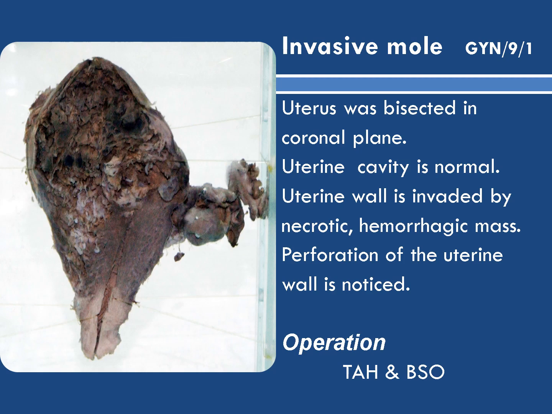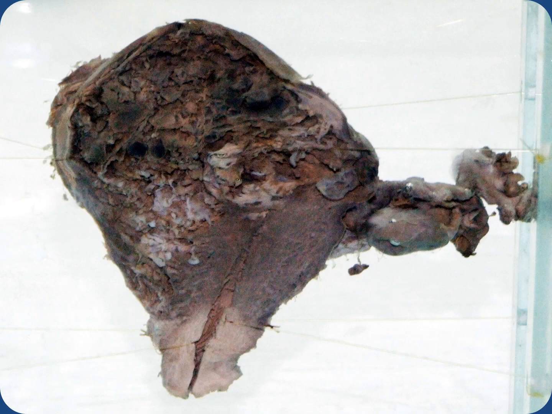Perforation of the uterus is found. The specimen is removed by total abdominal hysterectomy and bilateral salpingo-oophorectomy. This is the full screen picture of the previous jar. Notice the site of uterine perforation just above the attached adnexa.